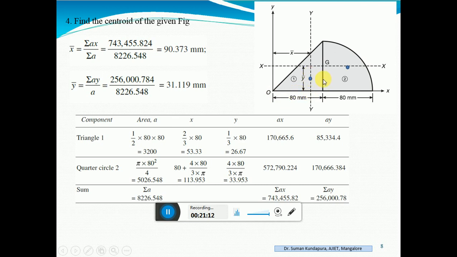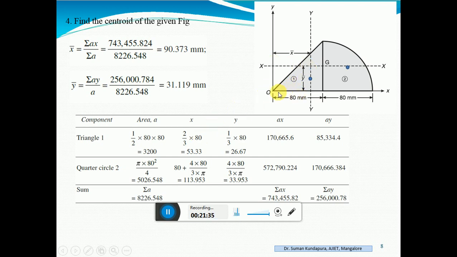And from this side it is 1/3 base, 1/3 of 80. Okay, so you should remember that. From this side also, this is lying at the 2/3 of 80, and from this side it is lying at 1/3 of 80.